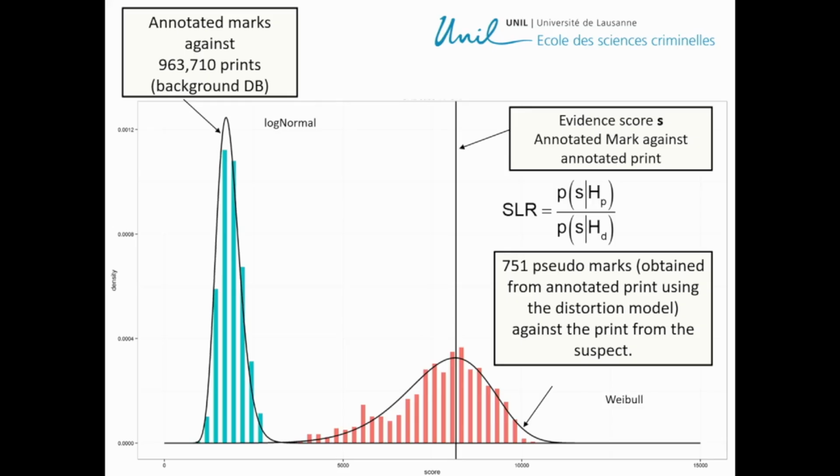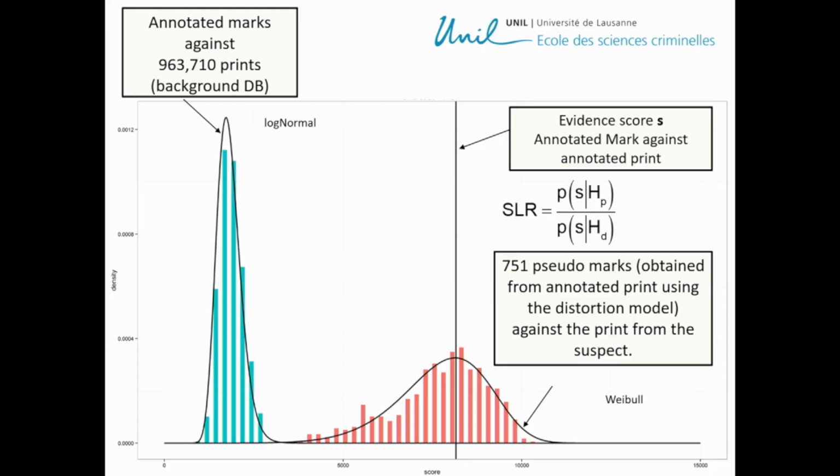What does it do? Score-based likelihood models contrast two scores that are generated in a well-defined system. So the green distribution represented on the left is a background score. If we take this finger mark, compare it against a million other marks, and you get a score, that's that distribution. The red distribution on the right is comparing the mark and getting a score with that mark against a distorted version of itself.